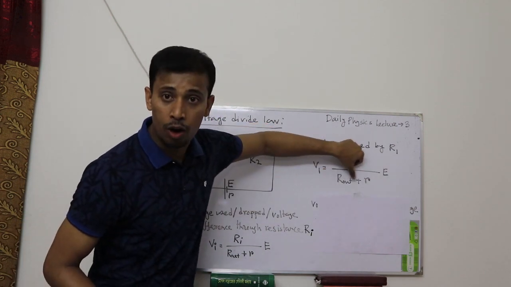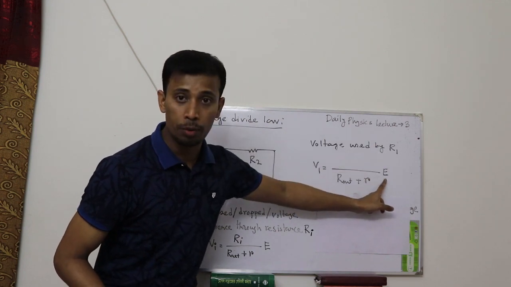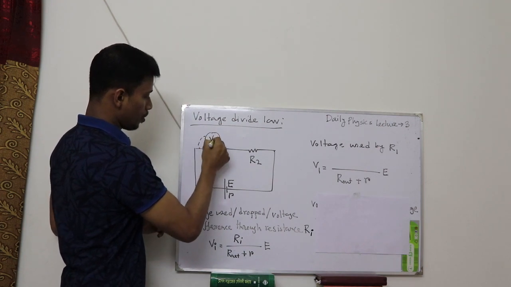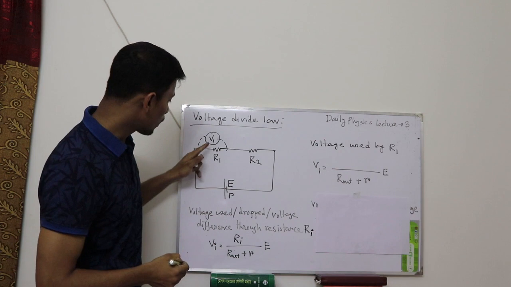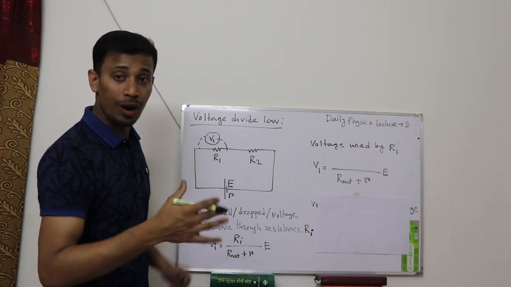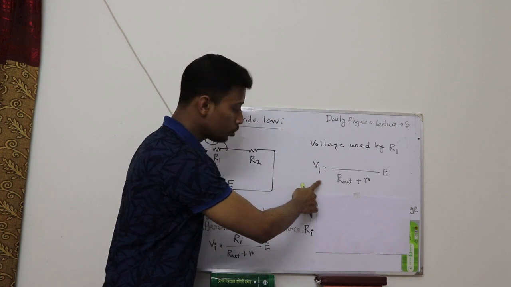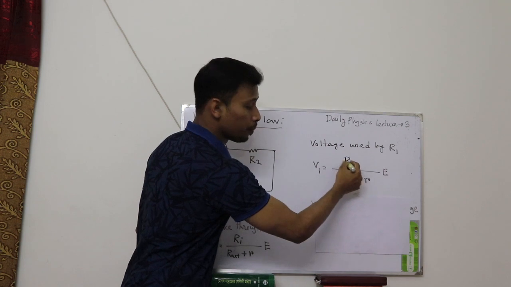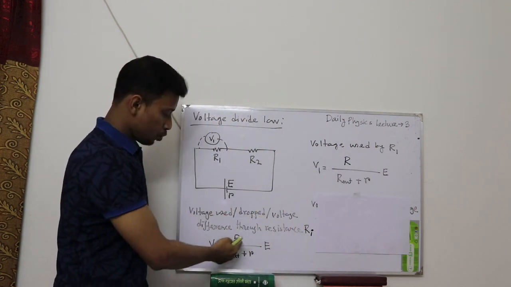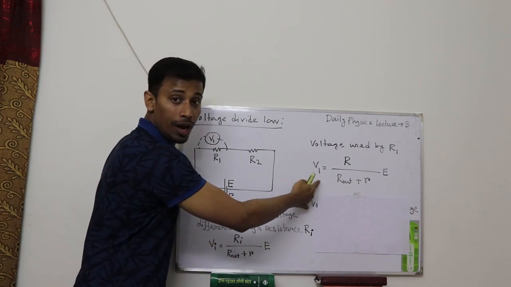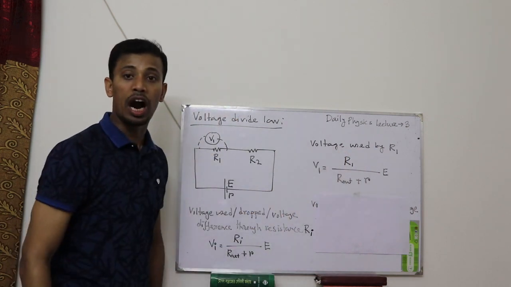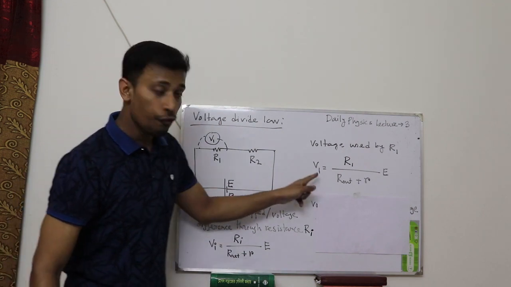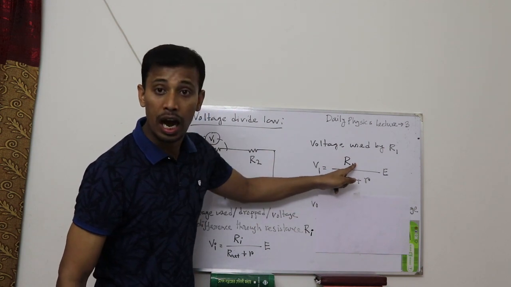At the bottom, R out plus small r multiplied by E. So V1 is equal to, at the bottom, R out plus r multiplied by E, and at the top, for Vi we write Ri, so for V1 we write R1.